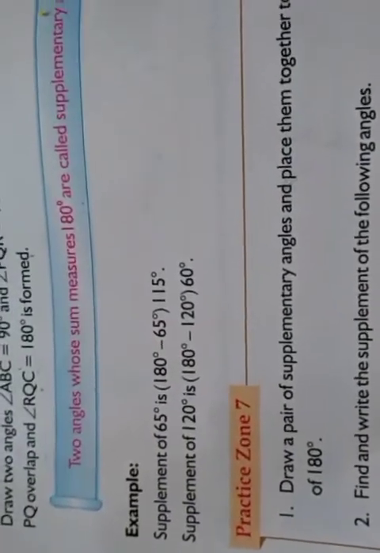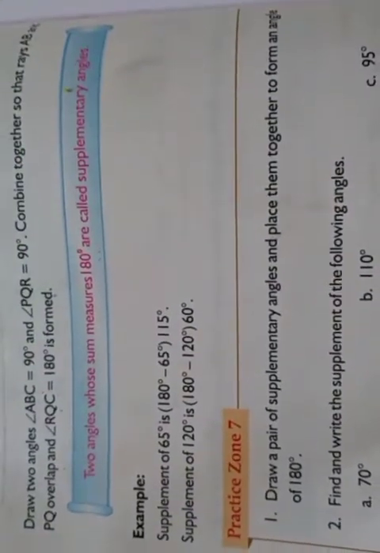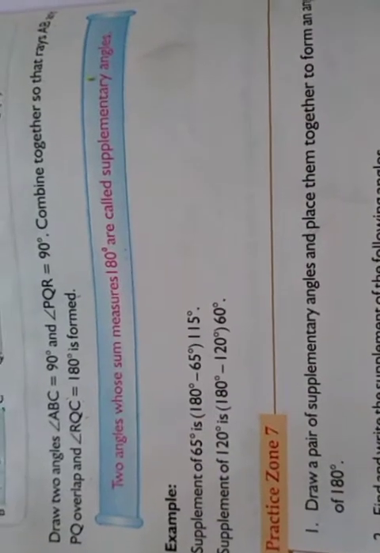For question number 1, here you will draw a pair of supplementary angles and place them together to form an angle of 180 degree. You can make any two angles with the help of a protractor. Or you can draw two angles whose sum is 180 degree.